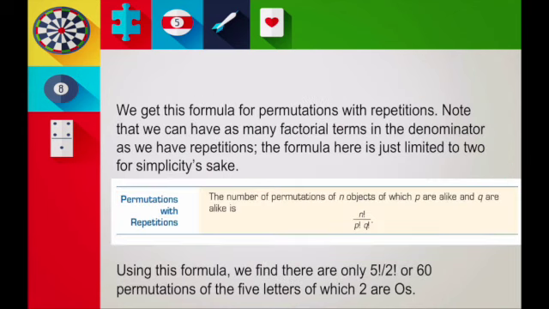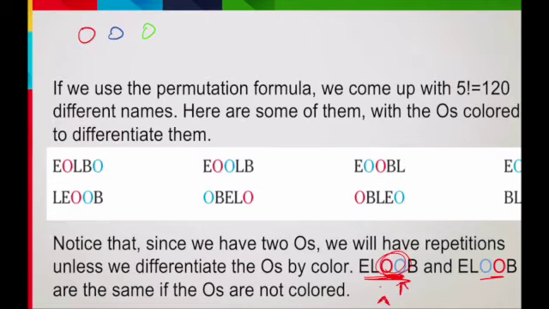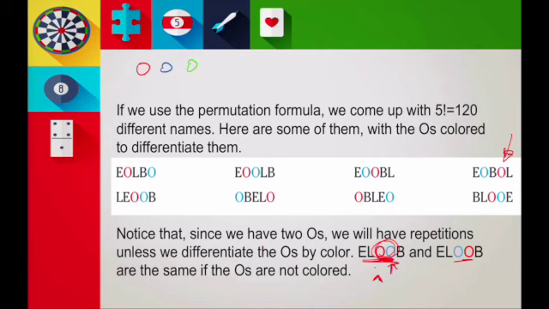But if there were 3 of them, there would be 3 factorial. So if we had a red O, a blue O, and a green O, there would be 3 factorial ways to arrange them. You could have red, blue, green. You could have red, green, blue.